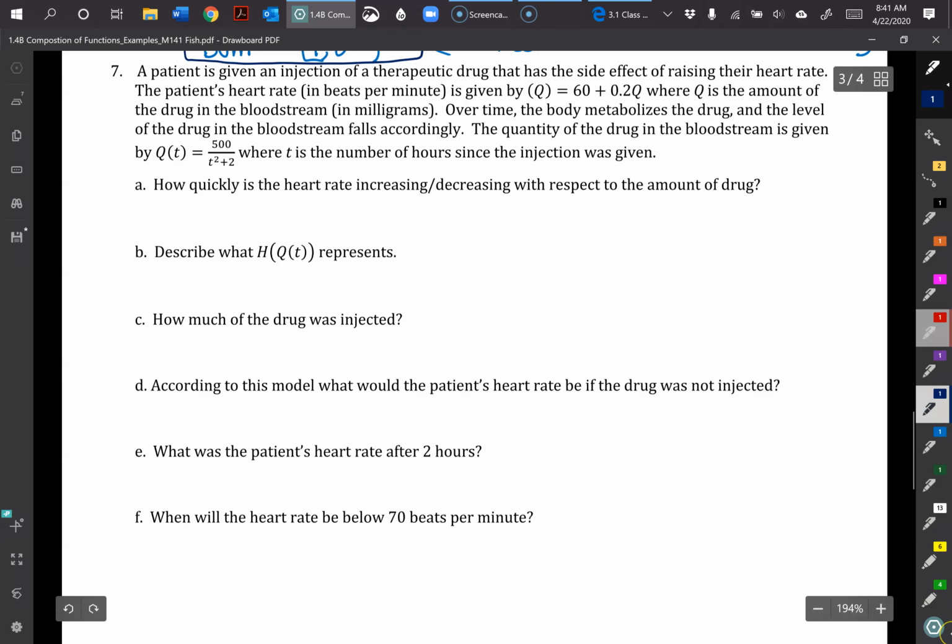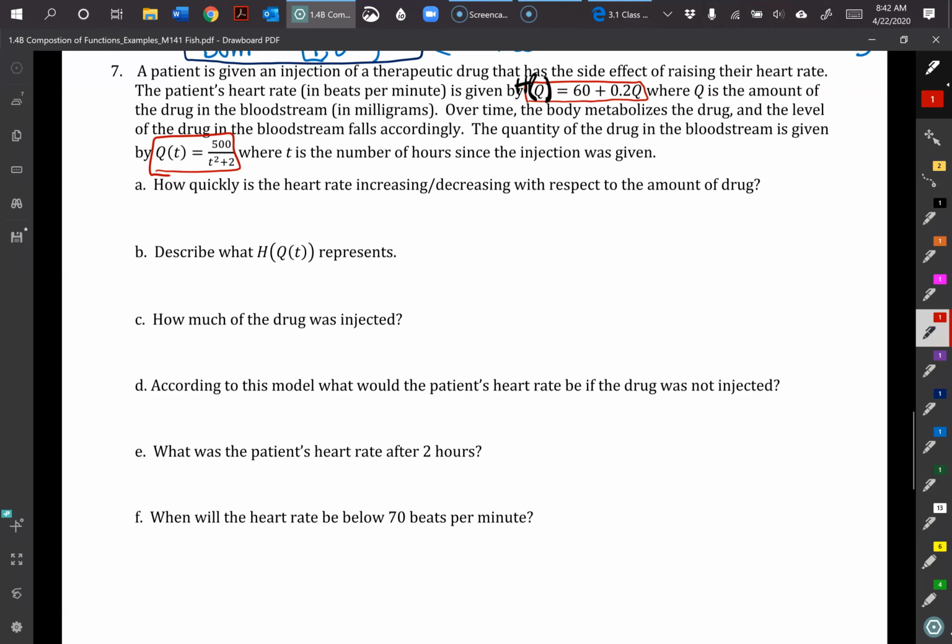So our key things we want to outline here, we have Q, and that's going to be our amount of drug in the bloodstream. And then we have, that should say H of Q. Let's fix that. Sorry about that. So H of Q. And then we have Q of T, which is the quantity since the injection was given, and it decreases with time passing.